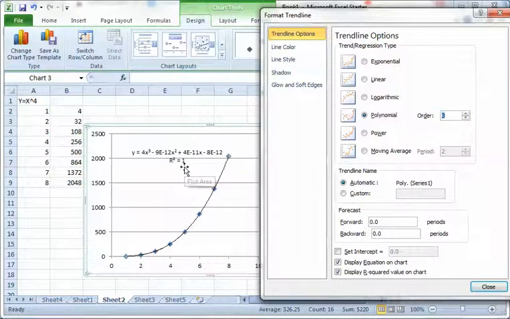Our r squared value here is 1, so we have a perfect fit. So the slope function for an original equation of y is equal to x to the 4th is 4x to the 3rd. So if I want to know the slope for y is equal to x to the 4th, the slope here is going to be 4x to the 3rd.